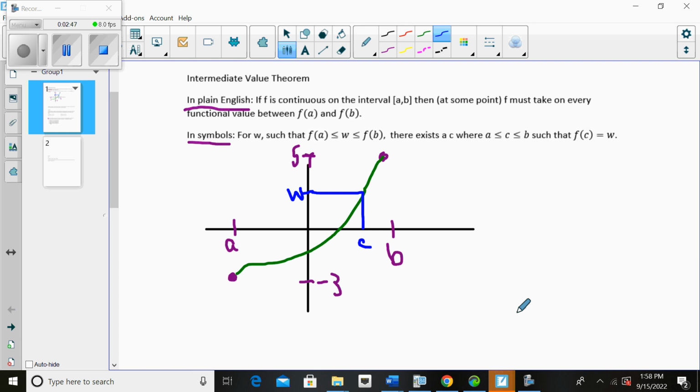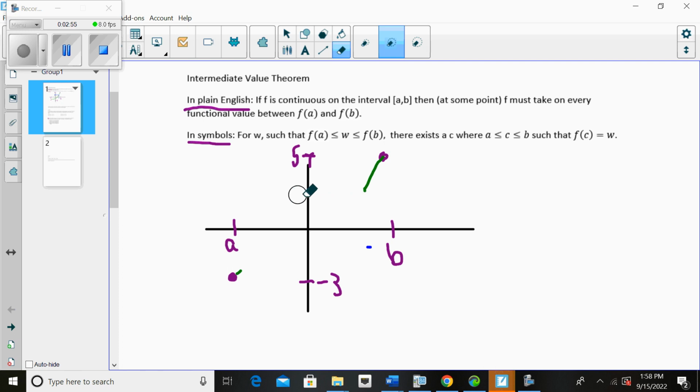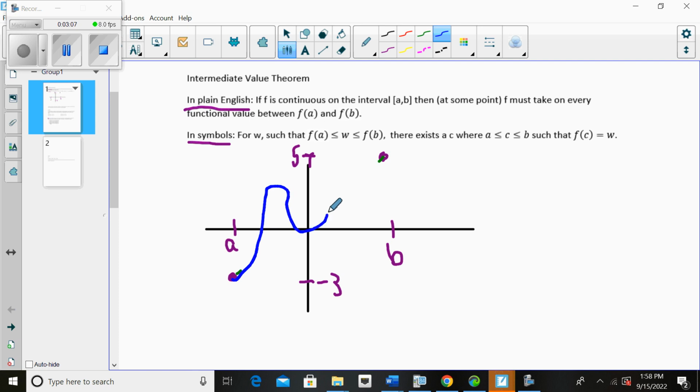All right, so here's one illustration. Let me just draw you another illustration because again, we have no idea what that function's doing. Okay, so that function could have done something like that. Okay, we have no idea. And I can put my W anywhere.